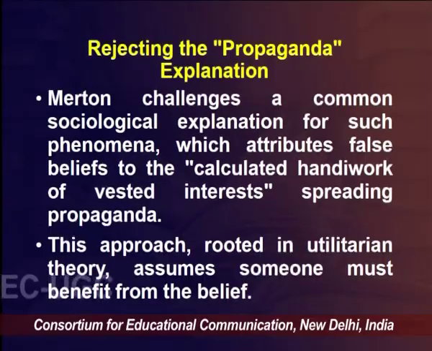So, Merton challenges a common sociological explanation for such phenomena, which attributes false belief to the calculated handiwork of vested interests spreading propaganda. This approach, rooted in utilitarian theory, assumes someone must benefit from the belief.